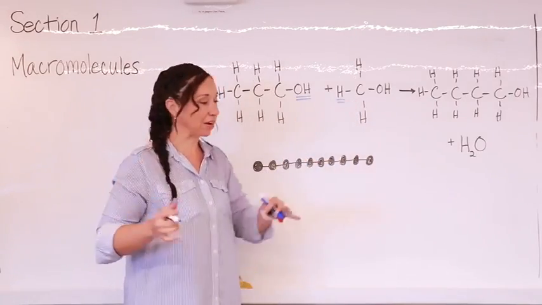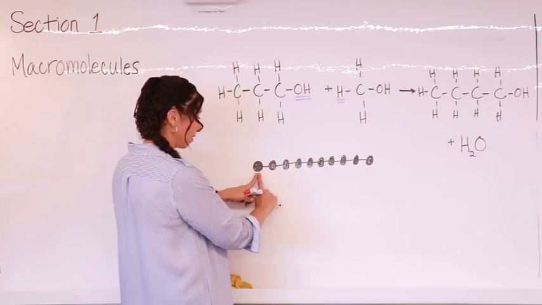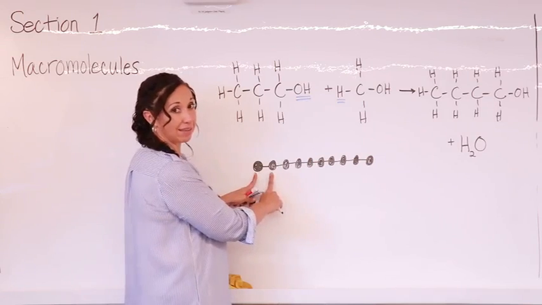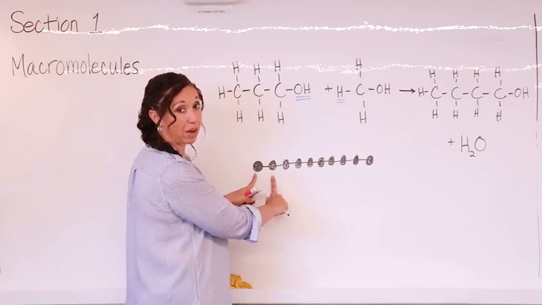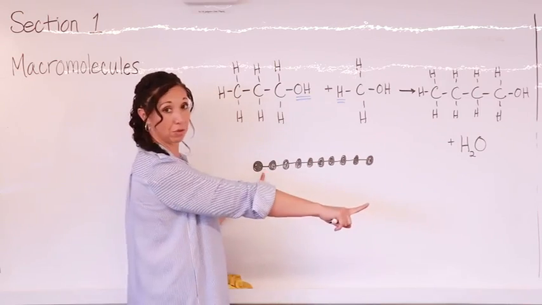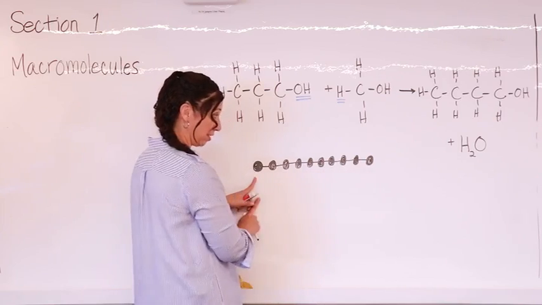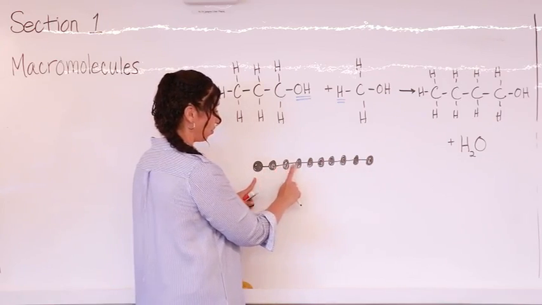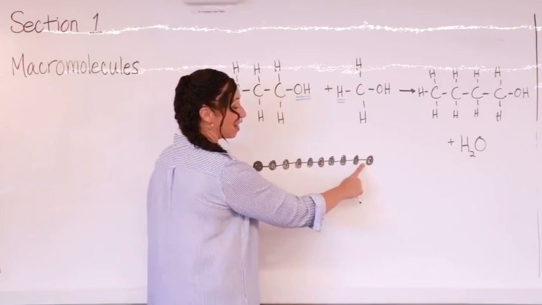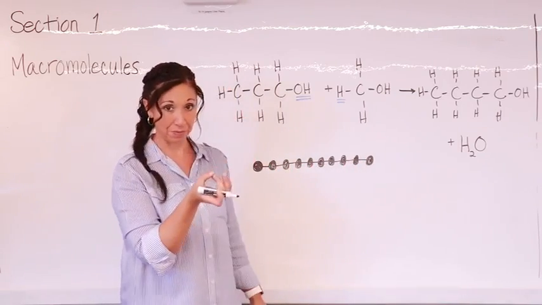So it doesn't matter. But what you have to know is that this monomer connected to this guy made a bond with this guy. In the process of making a bond, it released 1 molecule of water. So in this 10 monomer polymer, I have 1, 2, 3, 4, 5, 6, 7, 8, 9 bonds between the two.